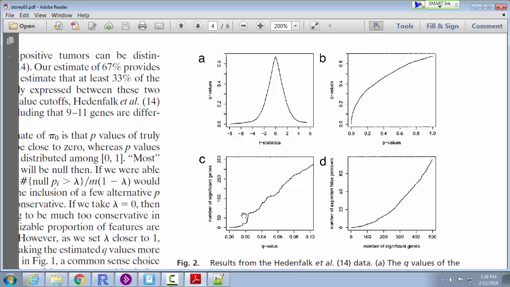That seems like a good trade-off, a good balance between errors and how many actual interesting things I get to investigate further. So a picture like this allows you to decide on the fly what to pick out.